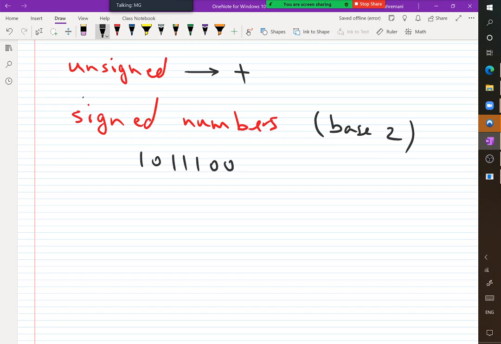In order to determine the sign of the number, we always allocate the high order bit, which is the leftmost bit, for the sign. So the high order bit is to determine the sign of the number, not the value of the number.